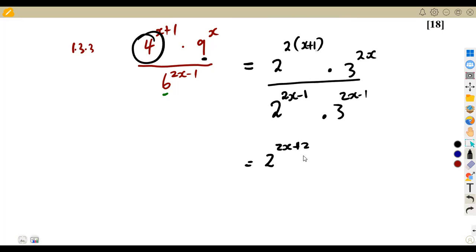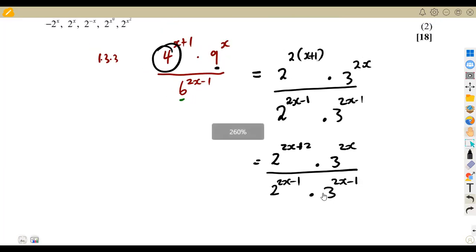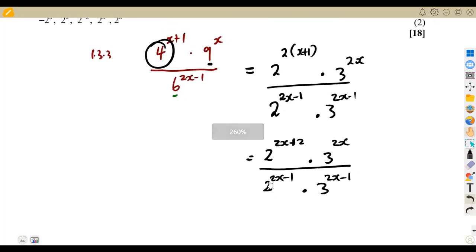Each and every term you multiply by 2, times 3 to the exponent of 2x, everything over 2 to the exponent of 2x minus 1 times 3 to the exponent of 2x minus 1. So in this case, I want you to see that what is happening here is that you've got the same denominators.